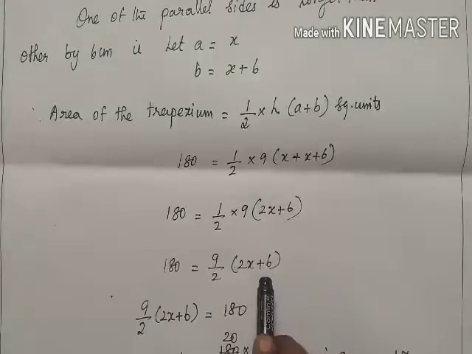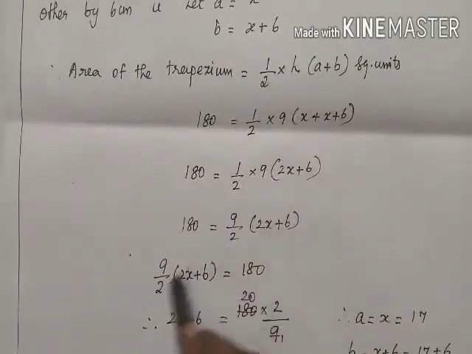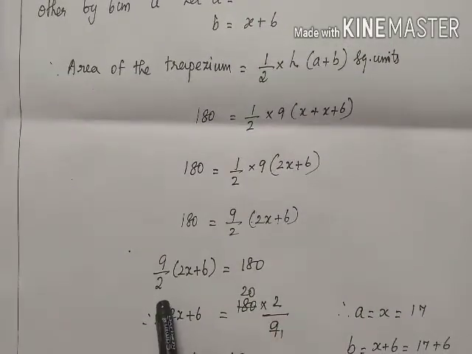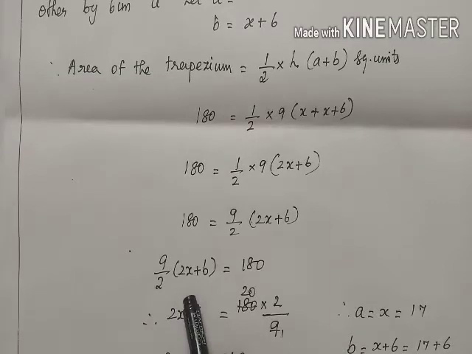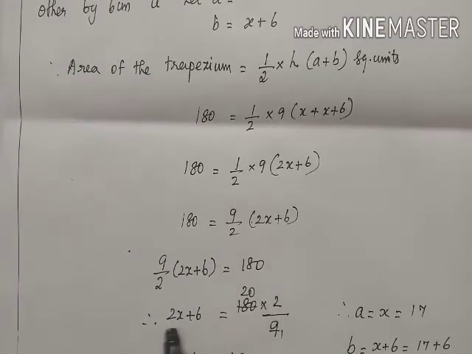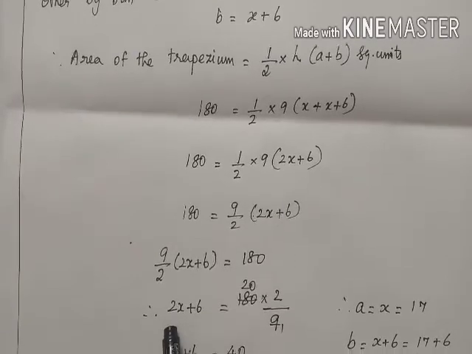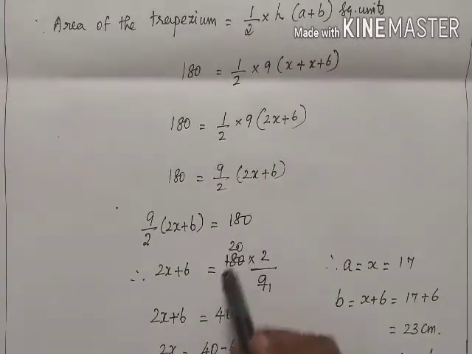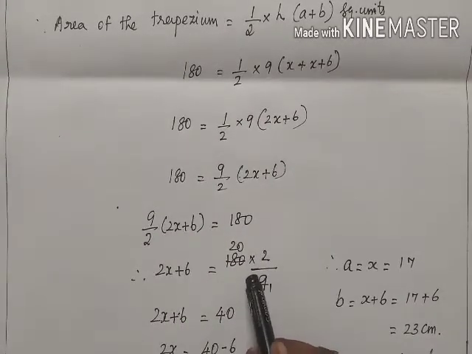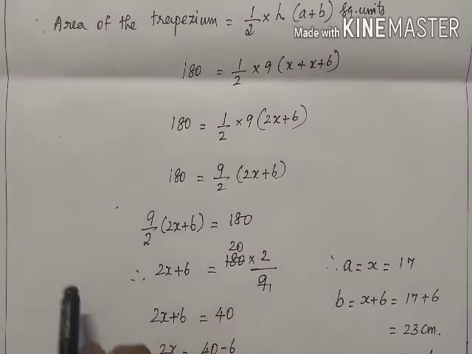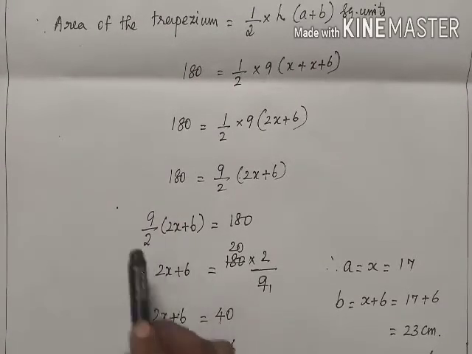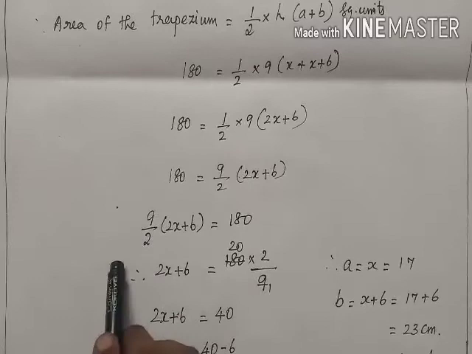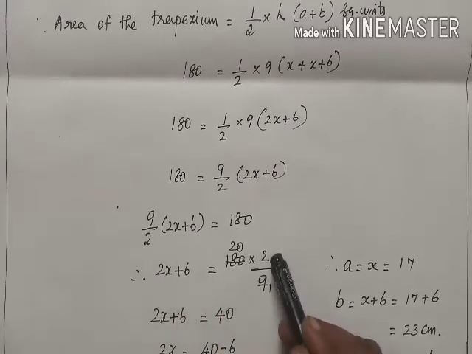Now here just interchange the sides. 9 by 2 into 2x plus 6 is equal to 180. Only in this bracket we have the unknown variable. So write 2x plus 6 on this side, equal to 180 into the reciprocal of 9 by 2, which is 2 by 9.